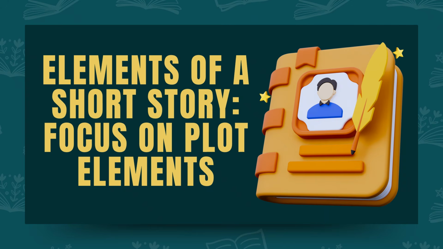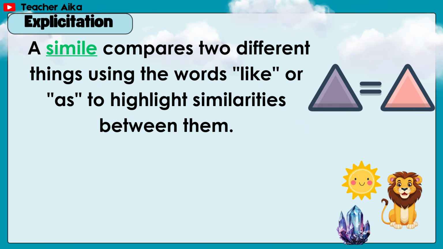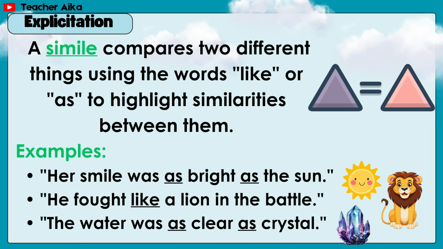Now, let us talk about elements of a short story. Focus on plot elements. A simile compares two different things using the words like or as to highlight similarities between them. Examples.